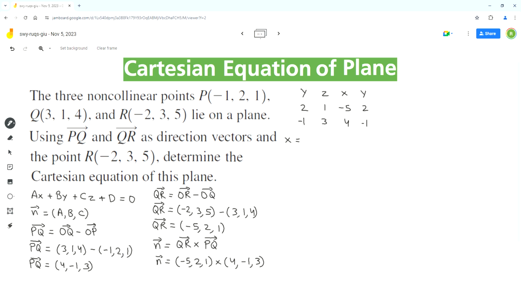For x component, we should cross multiply the y and z components. I get x equals 7. Now we can find the y component, and for that we should cross multiply the z and x components. We start with 1 times 4 minus 3 times -5.